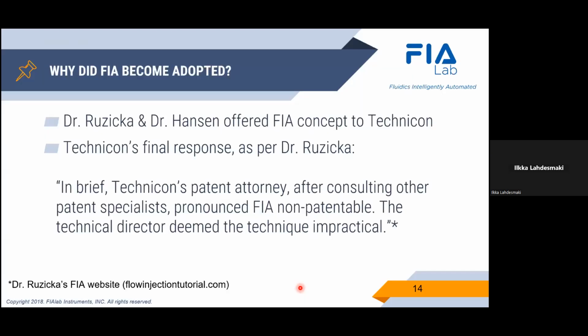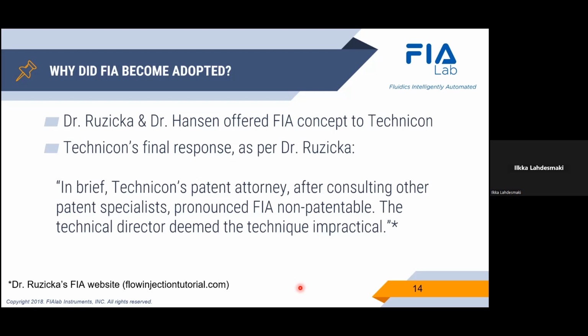The fact of the matter is that by the time FIA was invented, there was already the mature and widespread technology of segmented flow analysis established all over the world. If FIA did not offer any advantages, why would it even be used at all?